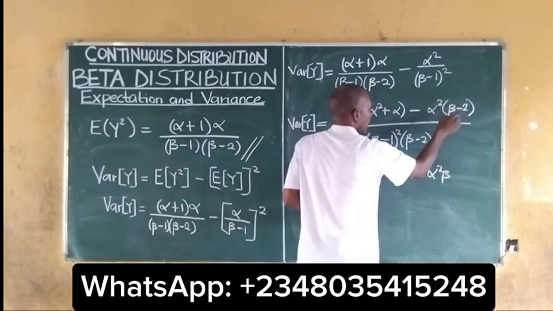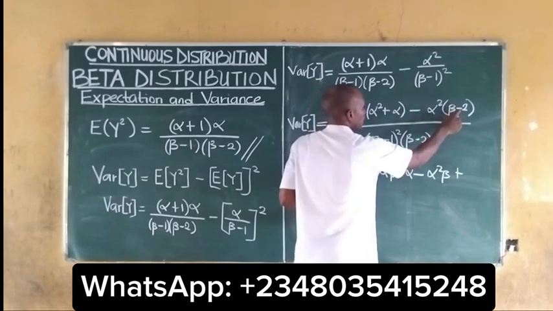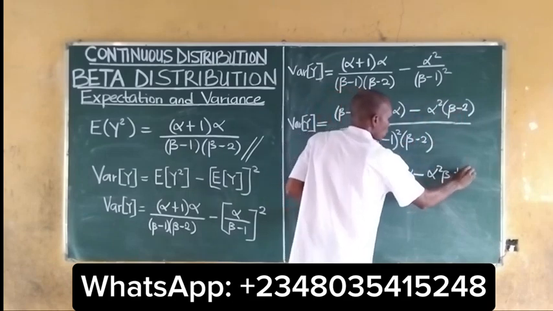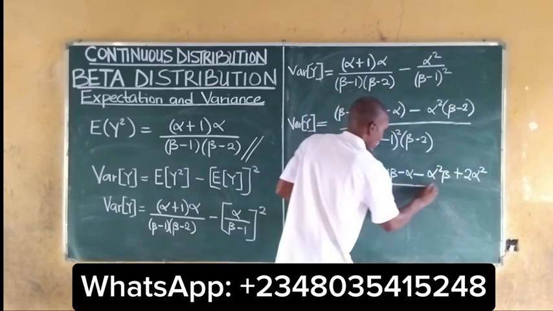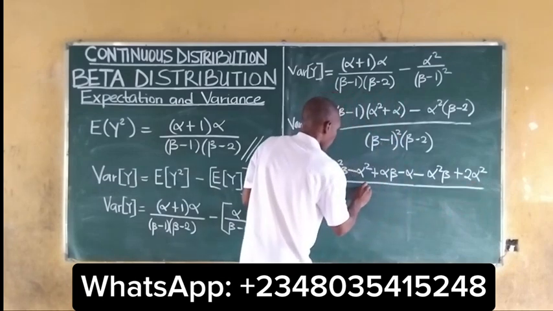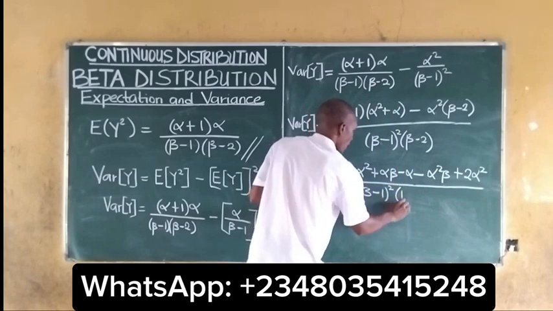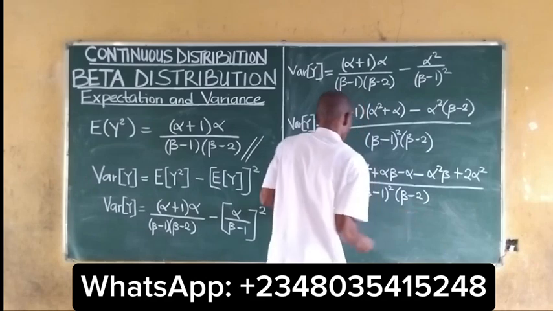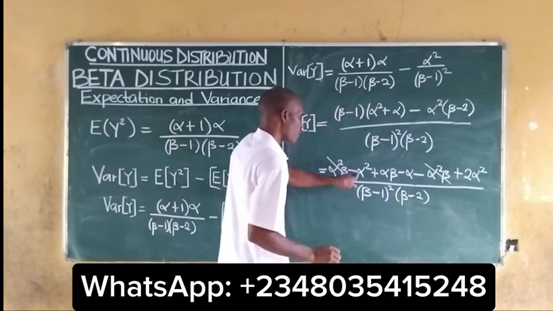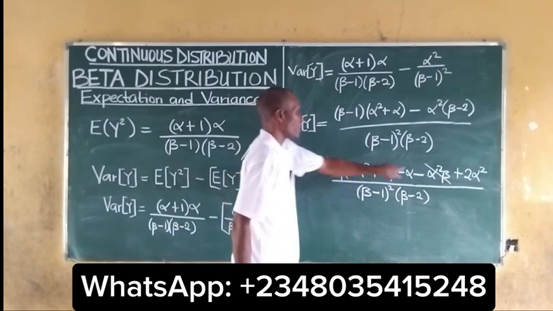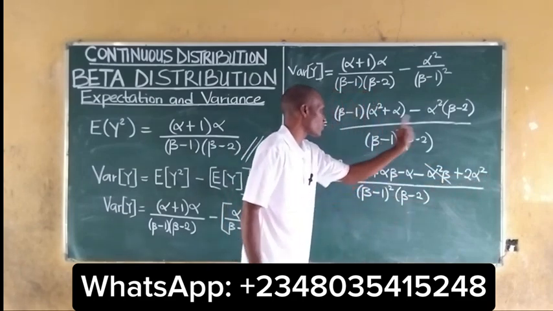Alpha squared multiplied by 2 will give us positive 2 alpha squared, because of the negative, all over beta minus 1 squared and beta minus 2. Of course, this will cancel this, and we have negative alpha squared here and 2 alpha squared. It then means minus 1 plus 2 will give us 1.